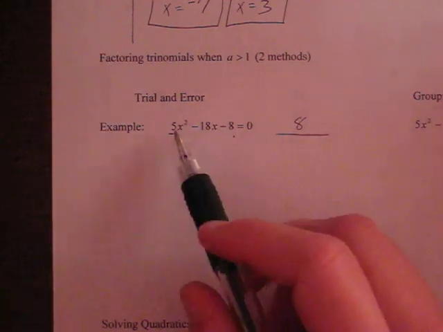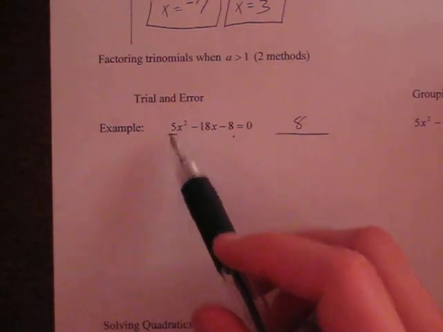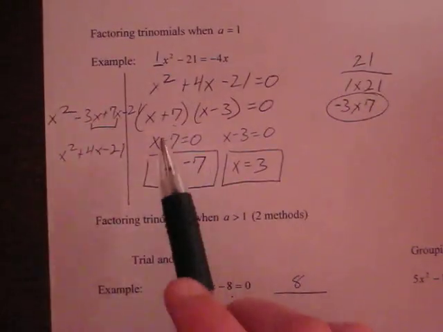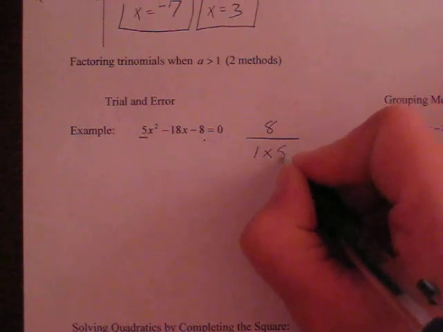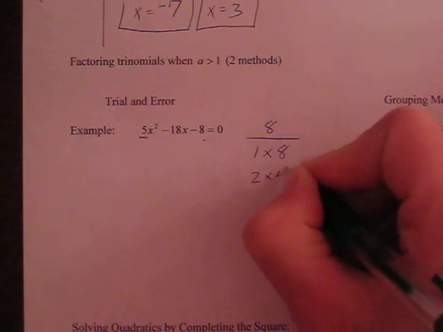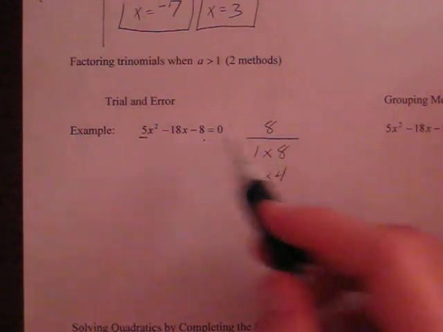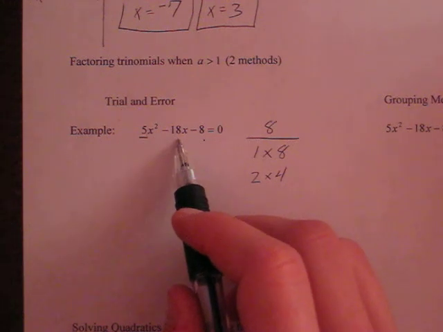There's two different methods, but we're going to try to do this the same way that we did the example when a was 1. Now if I list out my factors for 8, which is 1 times 8, or 2 times 4, somehow these factors still need to add up to 18.